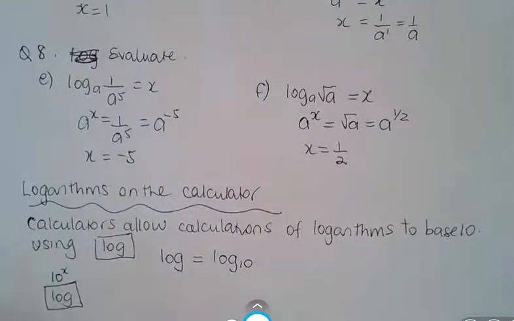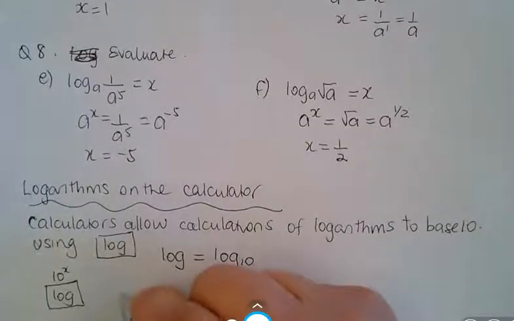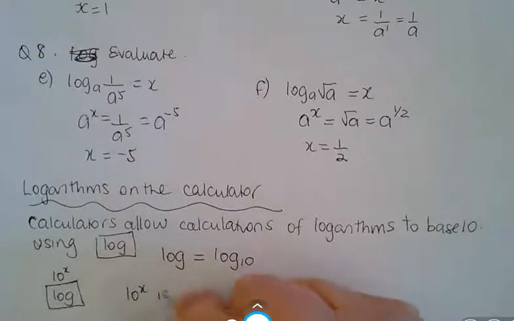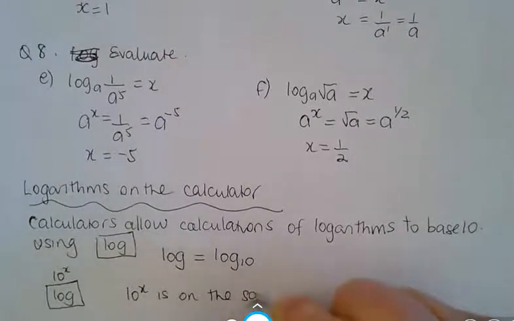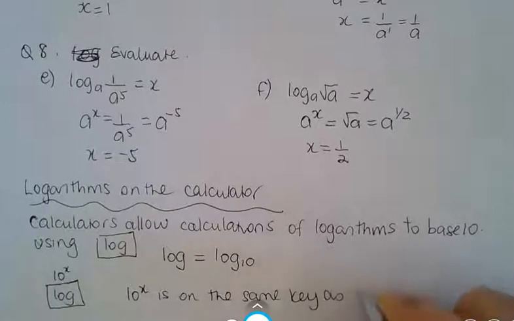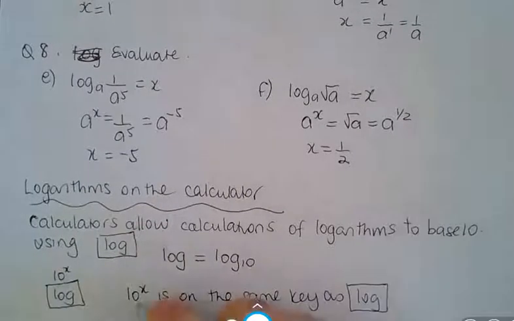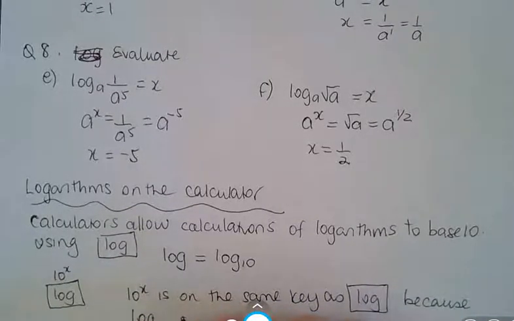The reason the 10 to the power of x is above the log is that it's the inverse function of the log to the base 10 function. So 10 to the power of x is on the same key as log, and we access it by using the shift function, because log to the base 10 and 10 to the power of x are called inverse functions of each other.